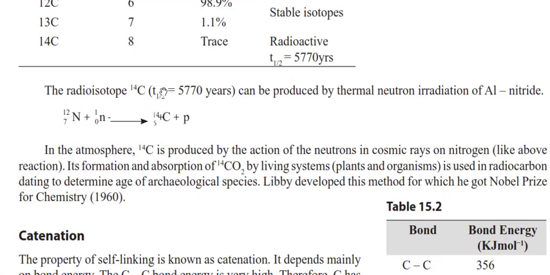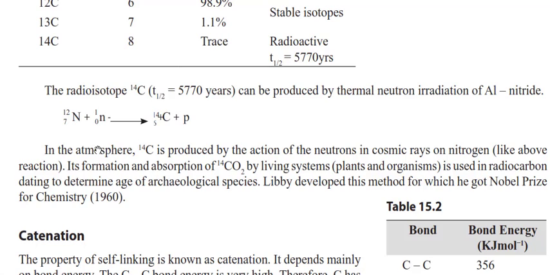So the radioisotope C14 can be produced by thermal neutron irradiation of aluminum nitride. This is like nitrogen, and one neutrino is there. So this is the nitrogen, and if I bombard a neutron on it, I will get carbon plus a proton.